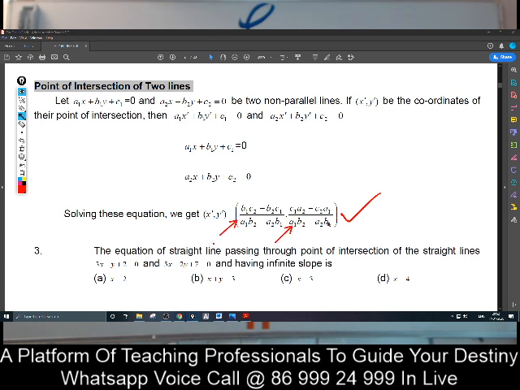When you are given two equations like this, simply follow this. Close the constants and cross multiply. How to remember? Top to bottom plus, and bottom to top minus. This one, a1 b2 minus a2 b1.